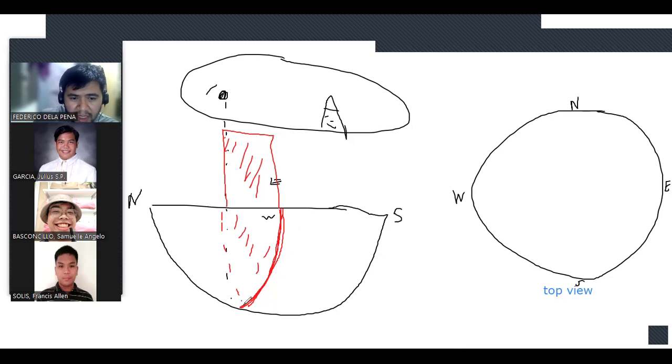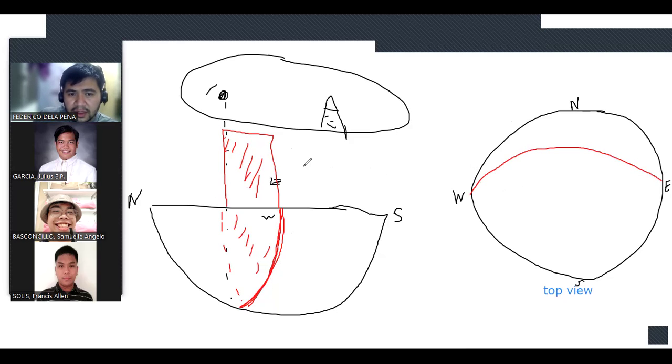You can see here that the intersection is dipping towards north, and it's almost west-east in strike. So this would actually look like this.